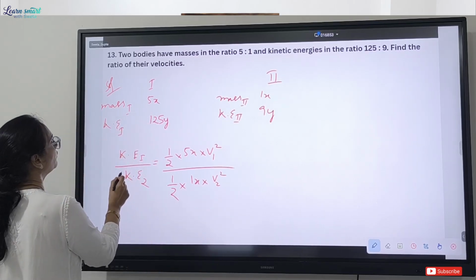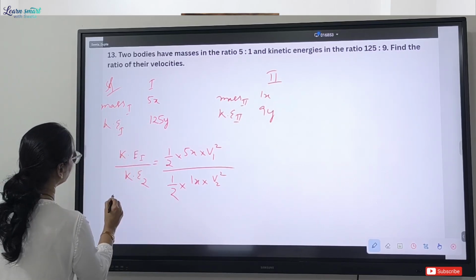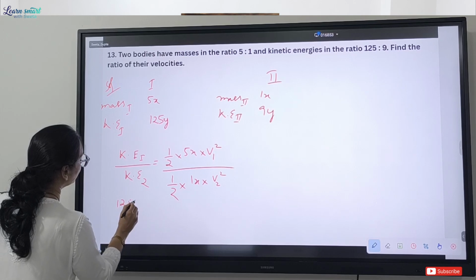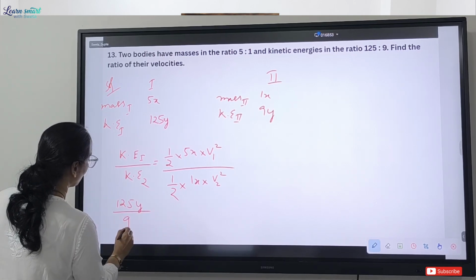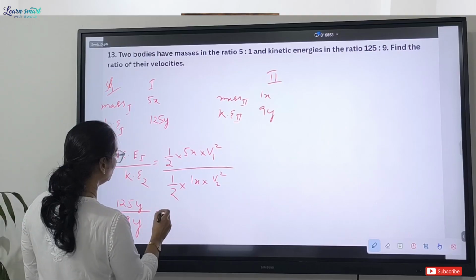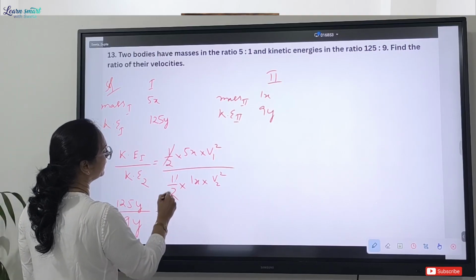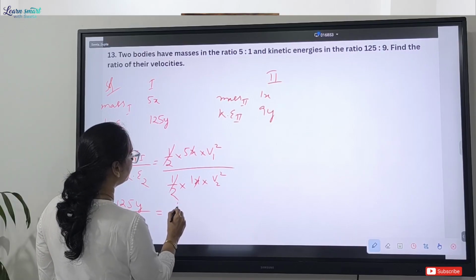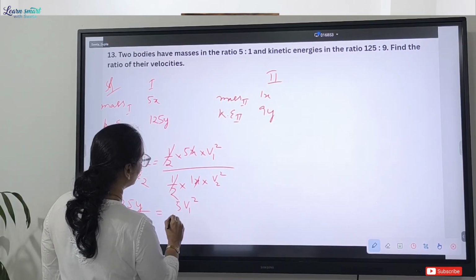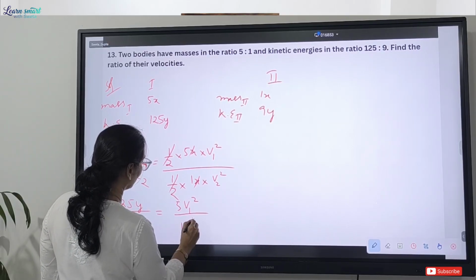And let's put the value of kinetic energy 1 and 2. So we will write 125y upon 9y is equal to, and let's simplify here, half and half, x and x we will cancel, and we are getting 5v1 square upon v2 square.